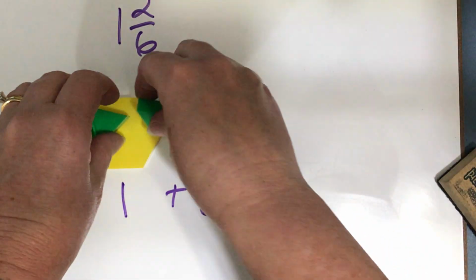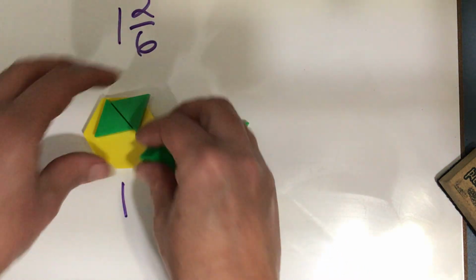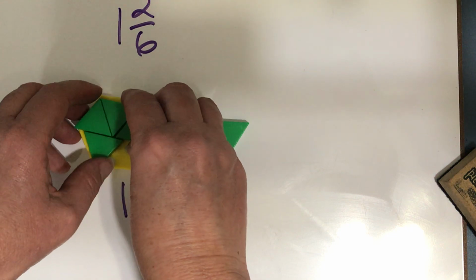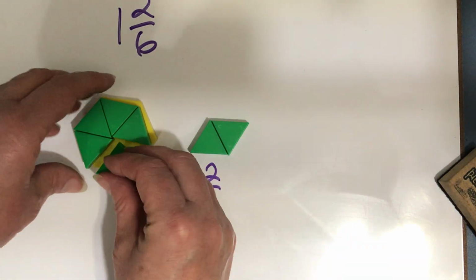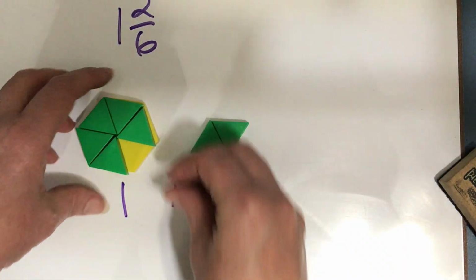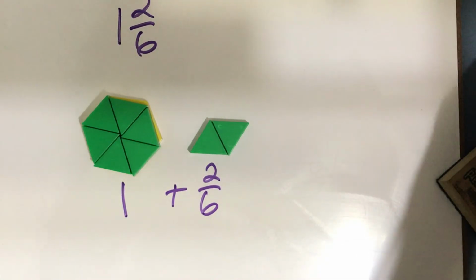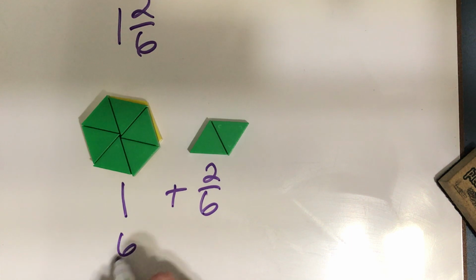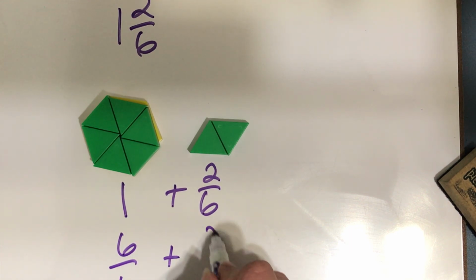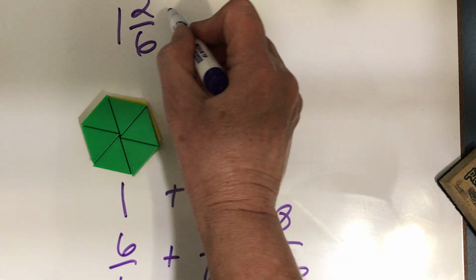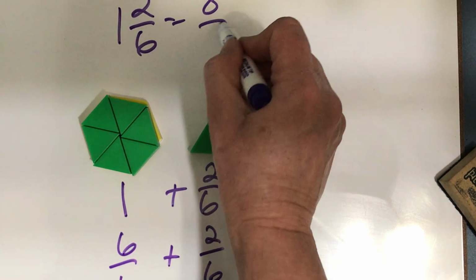So it's 1, 2, 3, 4, 5, and 6. So there's 6/6 plus 2/6 equals 8/6. So 1 2/6 equals 8/6.